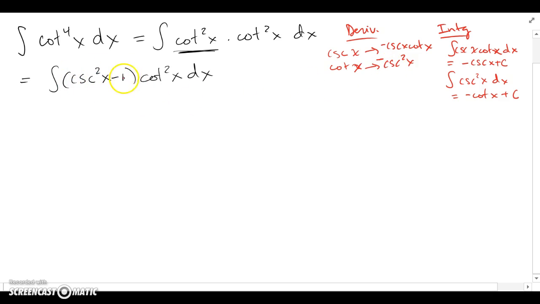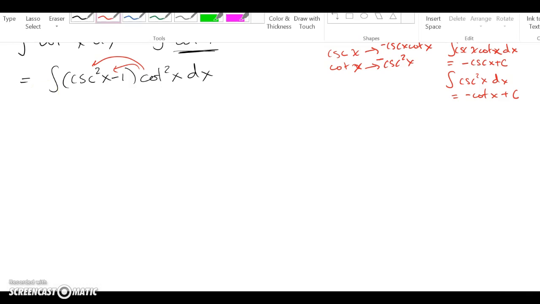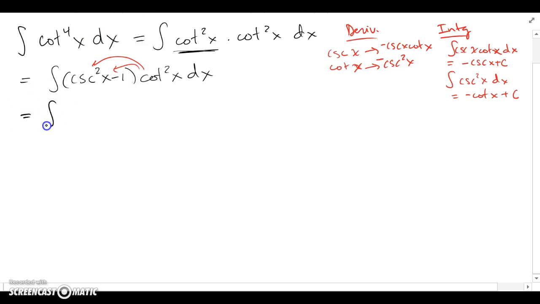Of course, if this minus 1 wasn't there at all, I would be good to go because u would be cotangent x, and then my du would have the factor of cosecant squared. The minus 1 does throw things off a little bit, but if I just separate this into two integrals, maybe things will work out to my advantage.